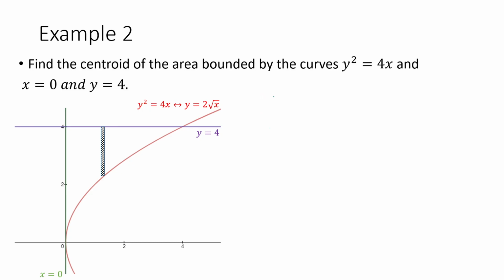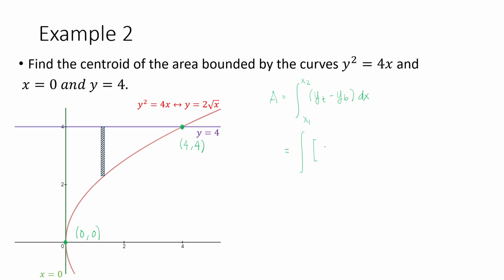Okay, so we solve first for the area. Area is equal to, since it's vertical strip, y top minus y bottom dx from x1 to x2. So again, you should bring the graphs and equations and look for the points of intersection. So this one is at 0, 0, and the other one is at 4, 4. Okay, so next would be the formula now.